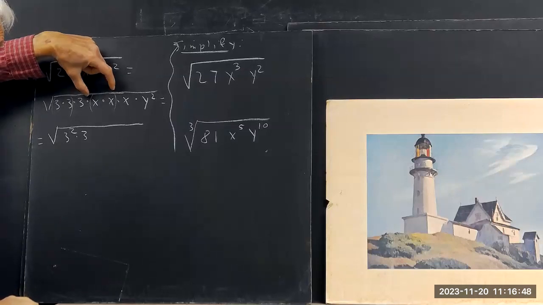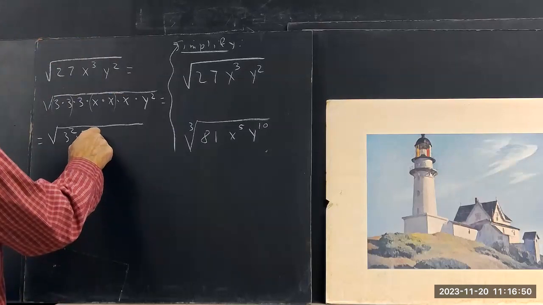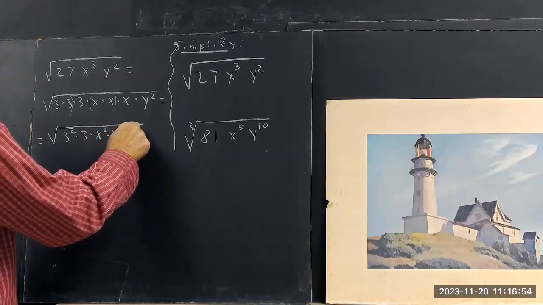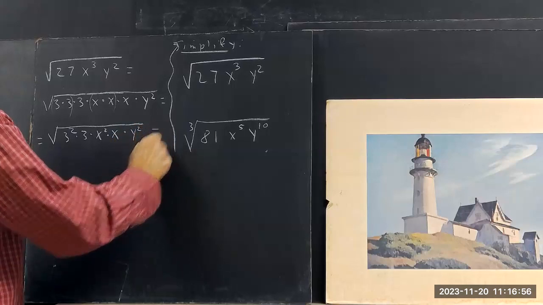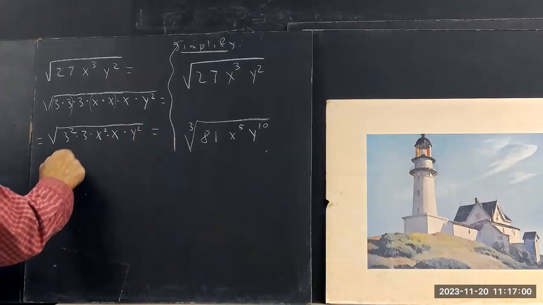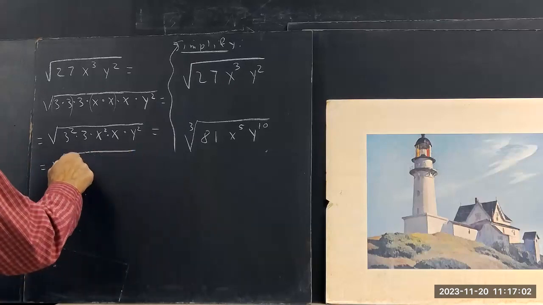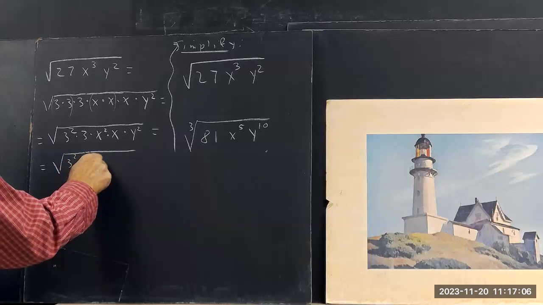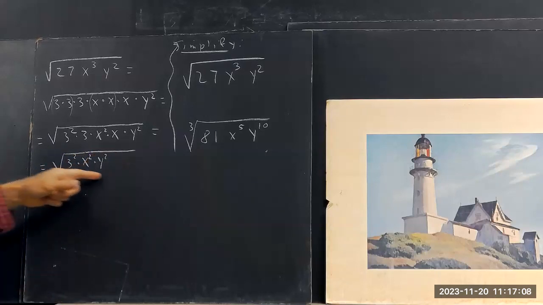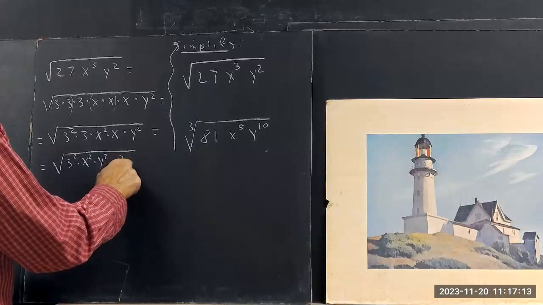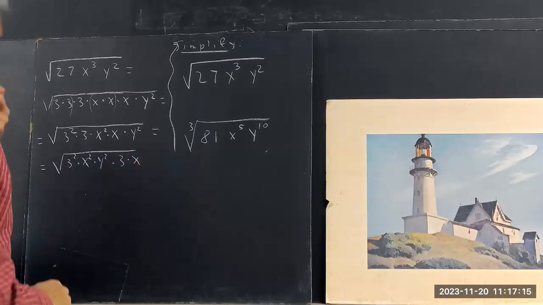And right here's x squared, and there's x. Now I can write these in a different order. I'm going to write my squares out here first, and then my 3 and my x.